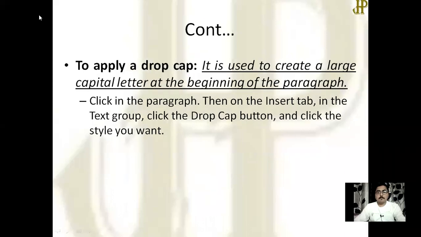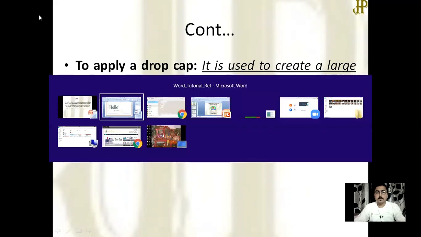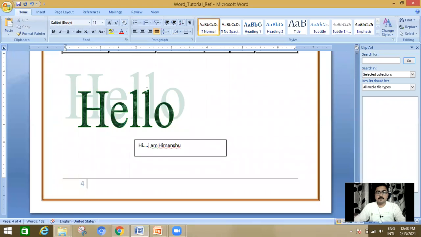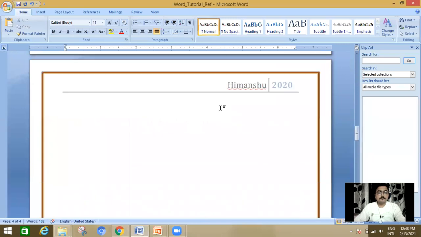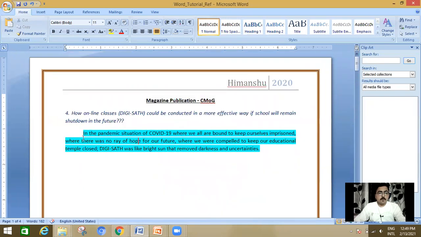what is drop cap? It is used to create a large capital letter at the beginning of your paragraph. In your book, you can easily see some letter of the paragraph appears in caps. So how is it done? With the help of drop cap. I'm going to give you an example. For example, I want to insert a drop cap in this paragraph.